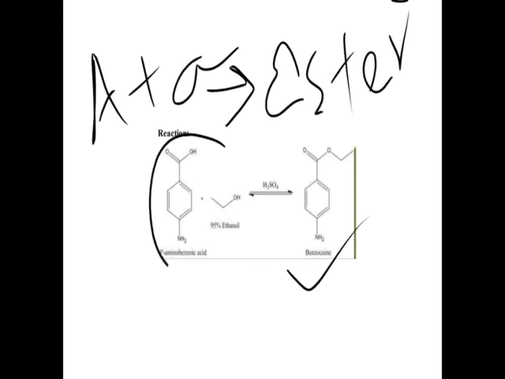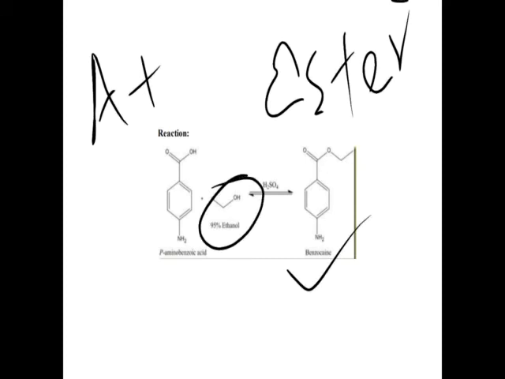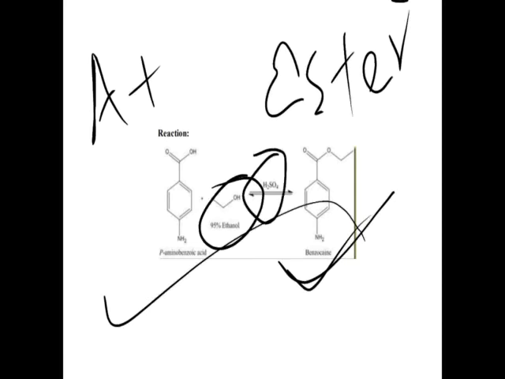This is para-amino benzoic acid, since the amine group is at the para position, para-amino and benzoic acid. The para-amino benzoic acid reacts with ethanol to form the drug called benzocaine. That is the general reaction behind the synthesis of benzocaine. That is the general esterification reaction, and this esterification reaction always takes place in the presence of sulfuric acid.